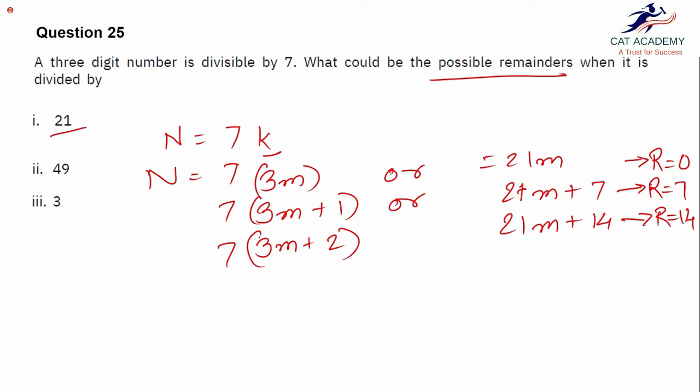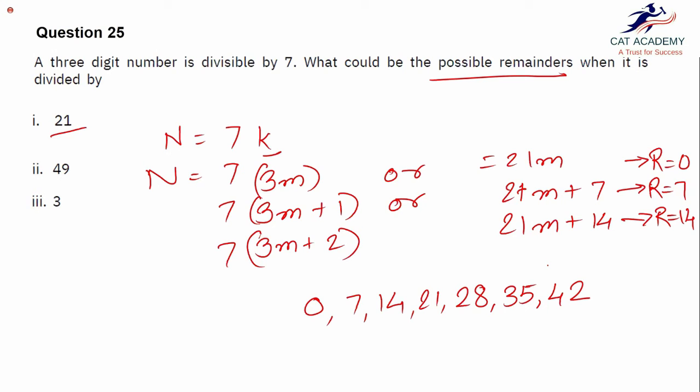But since it is getting multiplied by 7, my possible remainders would be 0, 7, 14, 21, 28, 35, and 42.